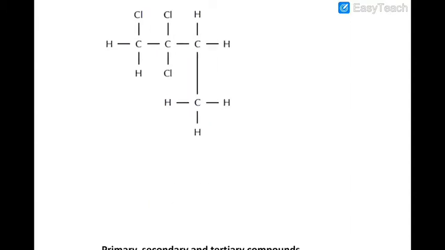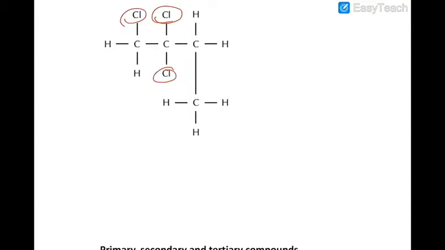Now, if there is more than one of the same side chain, like I was telling you, if you have 2 chlorine, then you will have to insert di, tri, tetra in front of the name. And you should also specify the location of the side chain. So, for example, here you have 1 chlorine and here you have 3 chlorine.